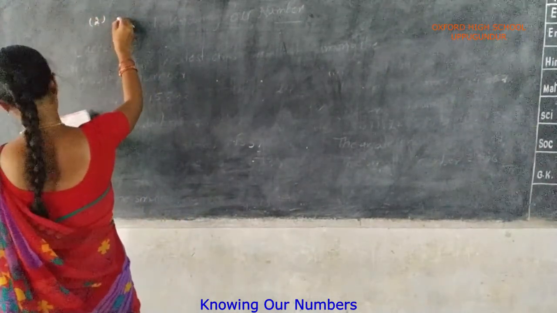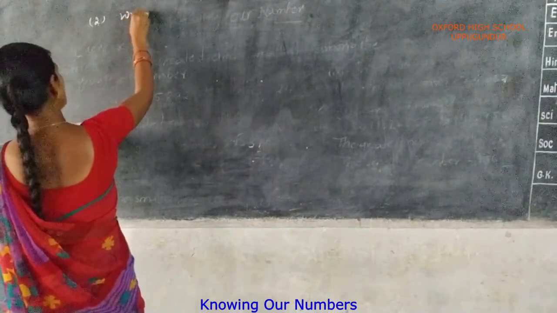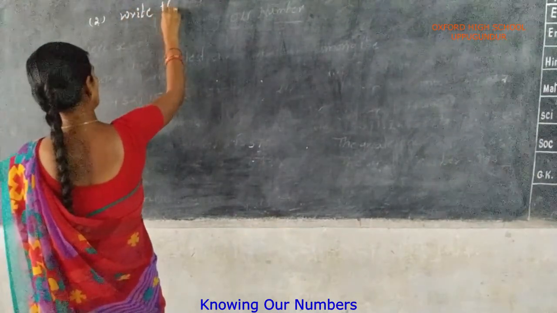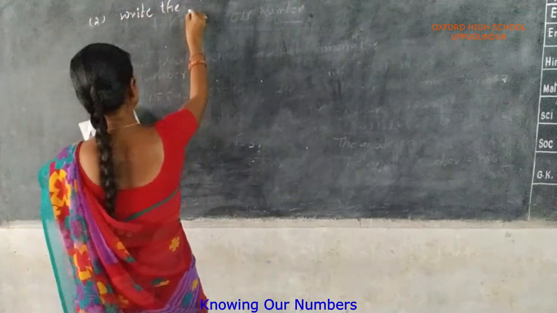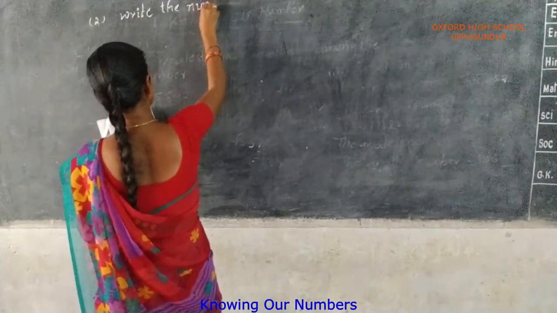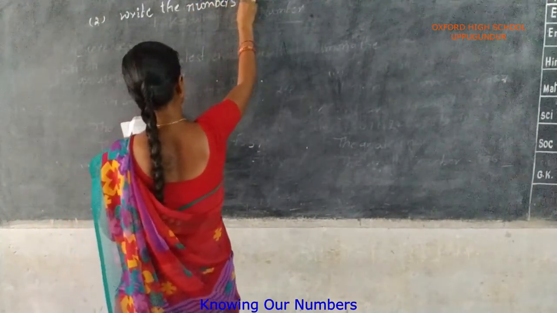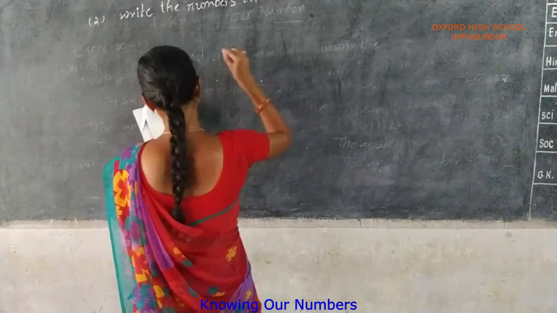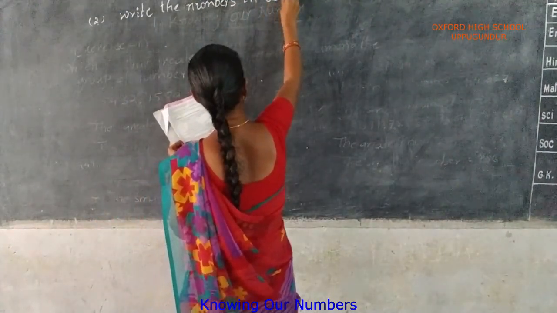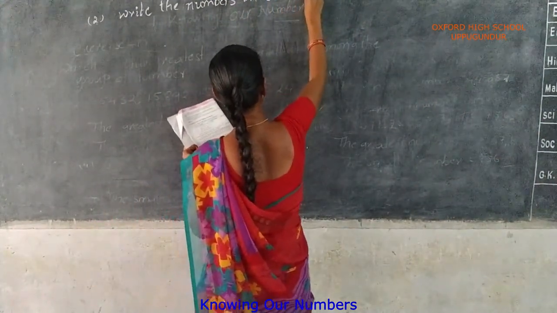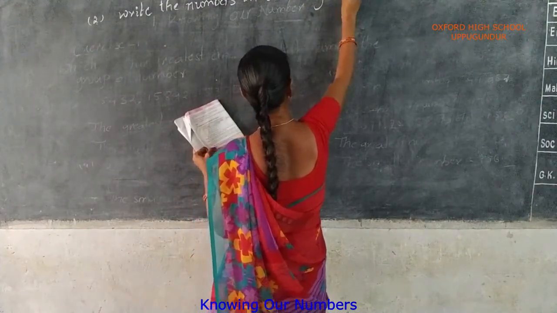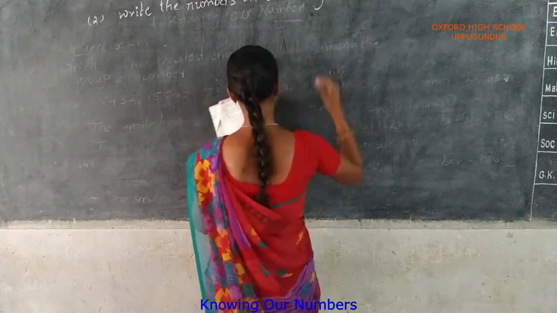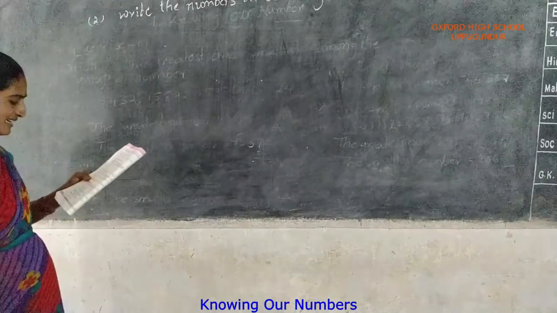Next one. Write the numbers in ascending order. Ascending order means increasing.